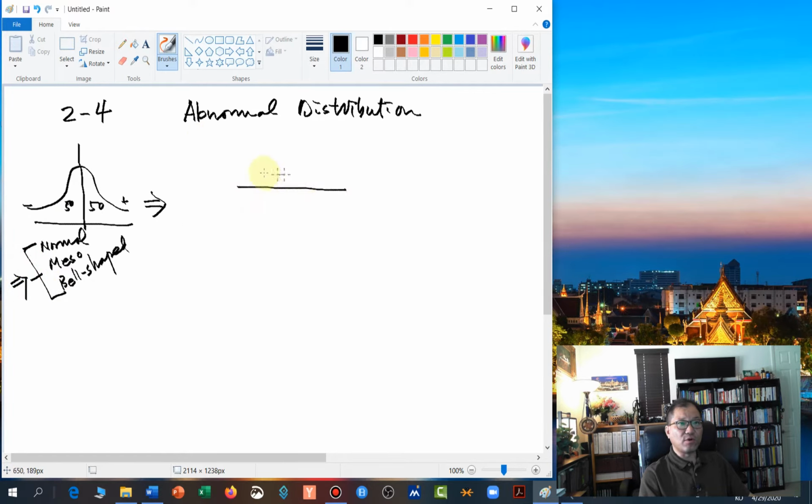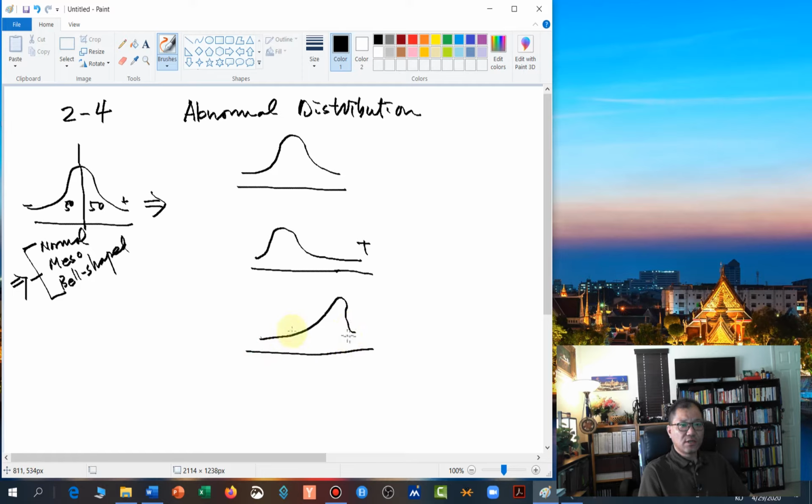However, abnormal, this is a normal distribution. Sometimes the distribution will be stretched out to the right side. Or sometimes you will see the distribution stretched to the left side.